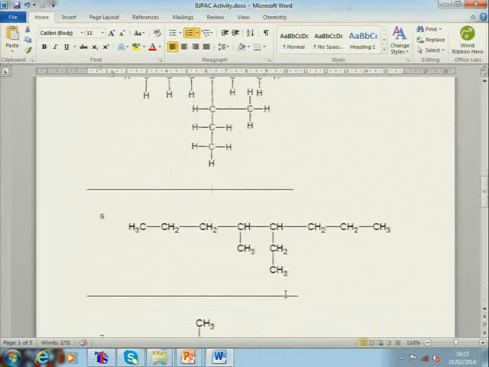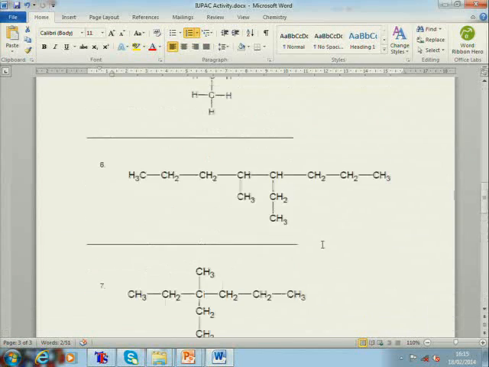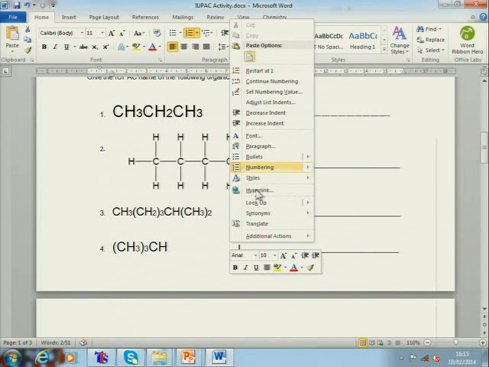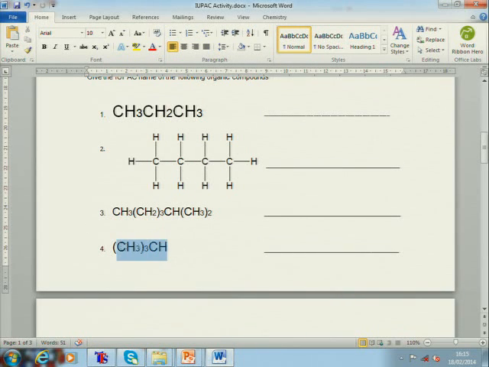Therefore, it is this one that you must draw. You just have to be careful when you do this one. Before you give the name for this compound, just try and draw the structure so that you can see what type of structure it is.